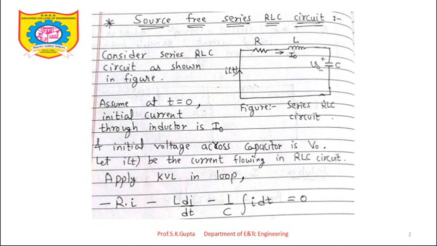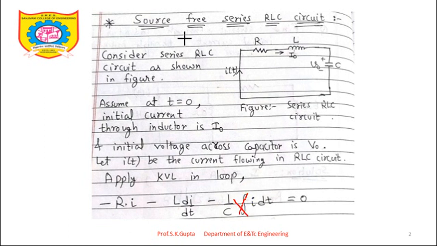Now remove this L from here, so divide by L. Your equation becomes di by dt plus R by L i plus 1 by LC integration i dt equal to 0. Now I want to remove this integration sign.